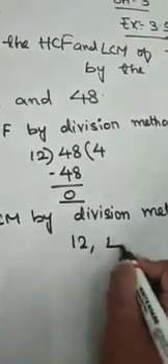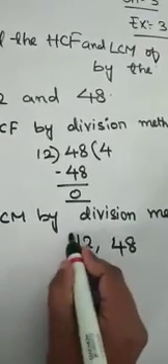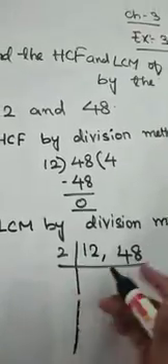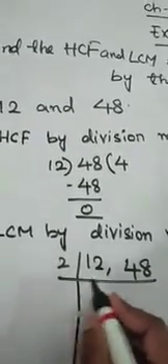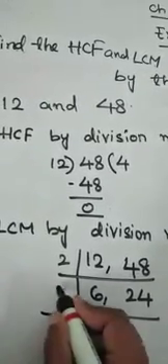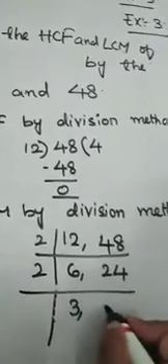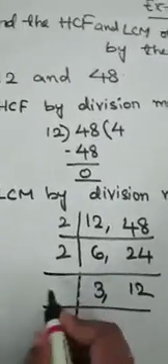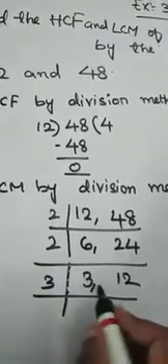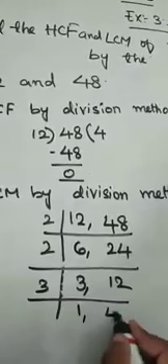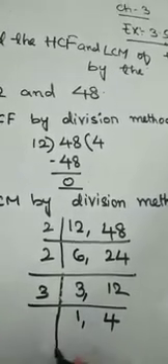For 12 comma 48, I am considering 2 here, because 12 and 48 are divisible by it. 2 sixes are 12, 2 twos are 4, 2 fours are 8. Again 2: 2 threes are 6, 2 ones are 2, 2 twos are 4. In 3, this 3 is divisible and 12 also. So 3 ones are 3, 3 fours are 12.